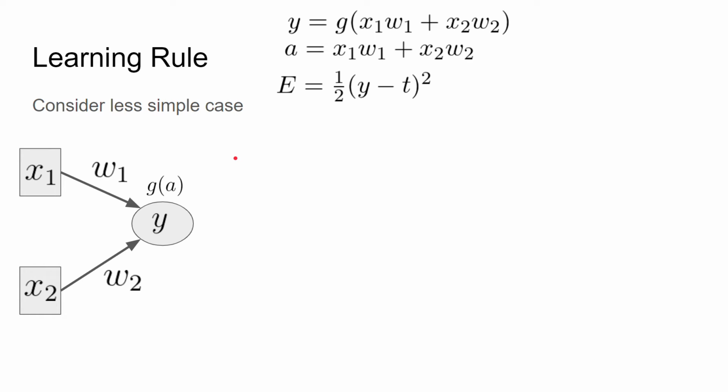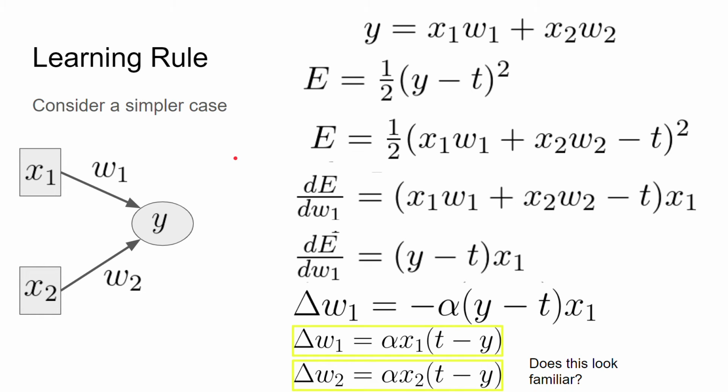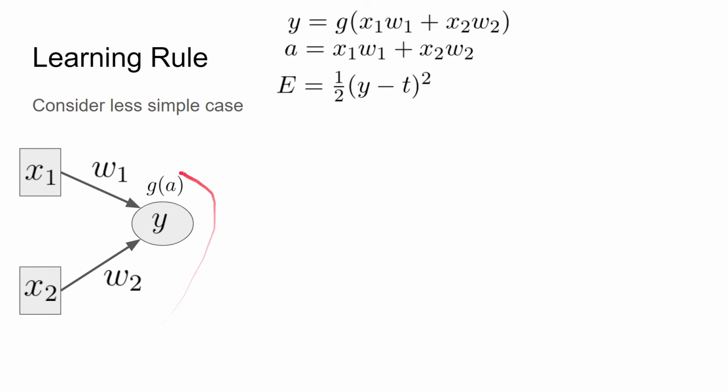As an example, what happens if we go through this same process now, but in a slightly more complicated case where, say, this thing here, instead of just being the weighted sum, we're also applying some function. On the previous slide, I used f for the function. Here I'm using g for the function. Both are common, so you will see both of them.